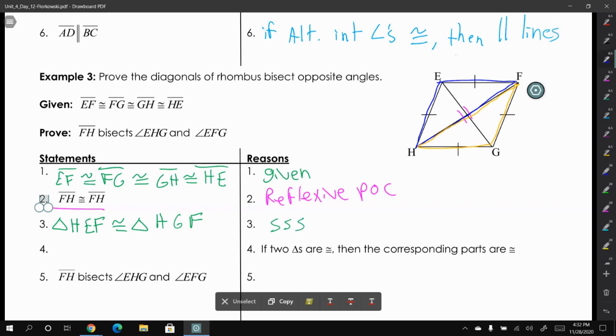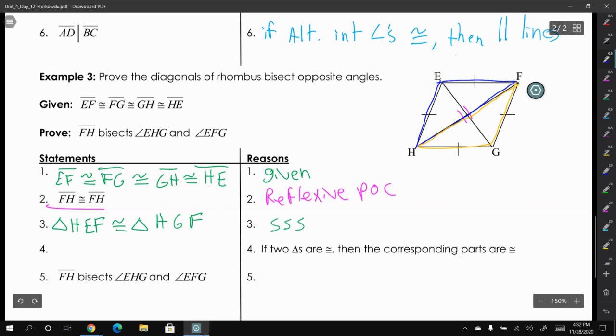Now, what we're going to be talking about is that if two triangles are congruent, then the corresponding parts are congruent. And we're going to have to talk about angles here because what we're trying to prove is that FH bisects angles EHG and EFG. So let's look at angle EHG. Angle EHG is this big angle here.